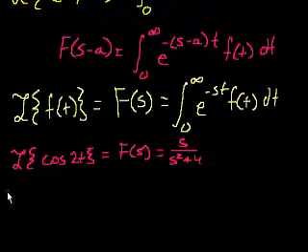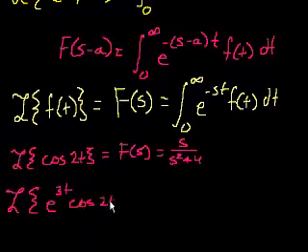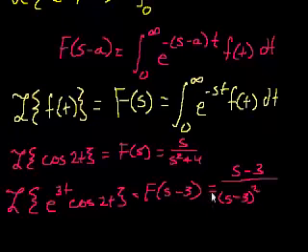And so the Laplace transform of e to the 3t times cosine of 2t is going to be equal to the same function, but instead of s, it's going to be a function of s minus a, so s minus 3, which is equal to s minus 3 over s minus 3 squared plus 4.